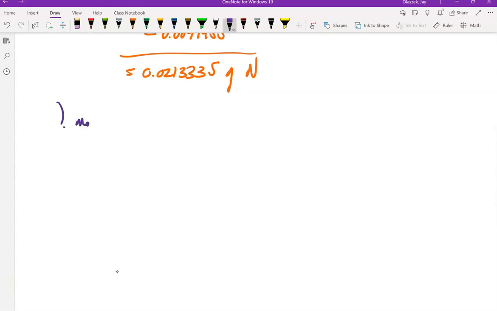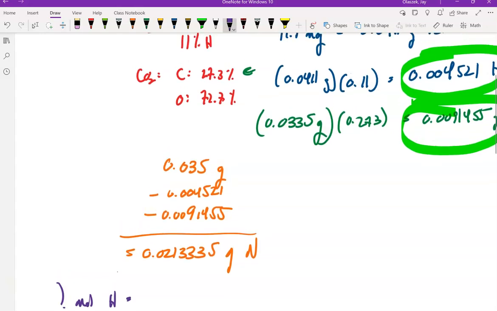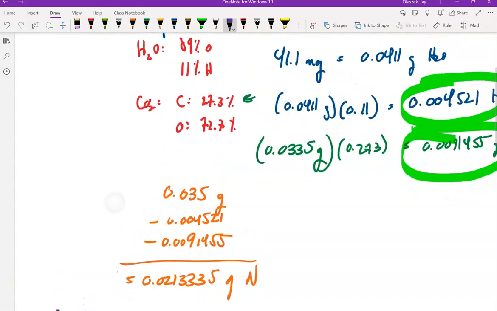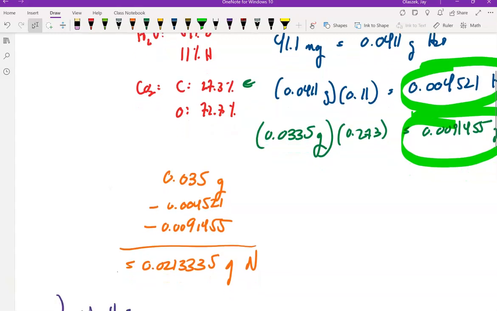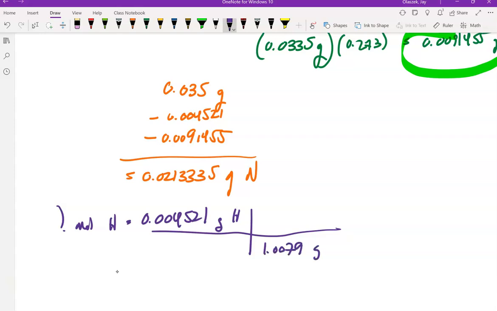How many moles of hydrogen are we talking about? If we have 0.004521 grams of hydrogen, you'll probably find your answers work a little bit better if you use the true molar masses.